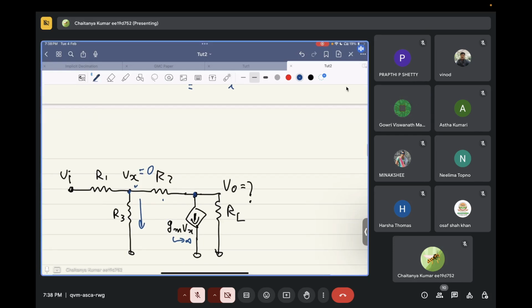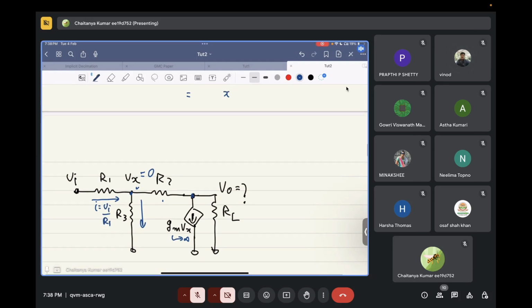So if the potential drop across this resistor is 0, what will be the current flowing through R1? Vi by R1, right? Now if Vi by R1 is flowing and the current through I3 is equal to 0, what will be the current flowing through R2? Same thing, Vi by R1.